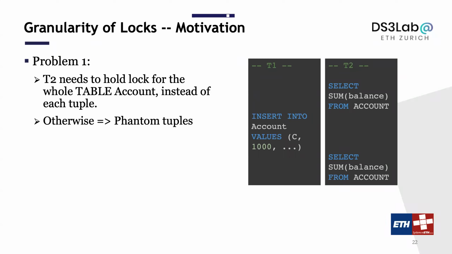Then T1 inserts new tuples, and of course T2 doesn't have locks on those tuples because they're new. T1 holds locks on those, makes some changes and commits, and T2 acquires the locks on those new tuples and does aggregation. So the schedule on the right-hand side could happen if your locking happens at the tuple level, and that could cause problems because this schedule is not serializable. These two aggregation queries are going to give you different results. This is the problem of phantom tuples. If you are holding only tuple-level locks, this problem could happen.